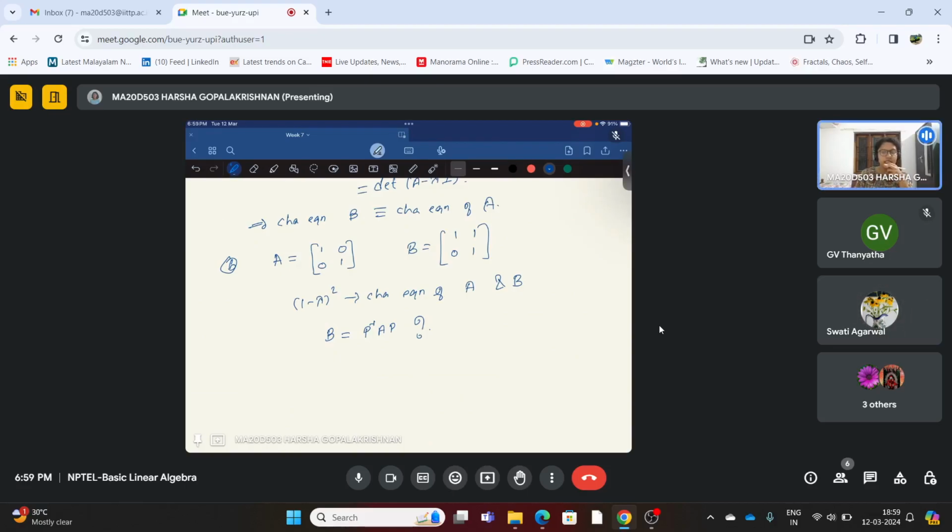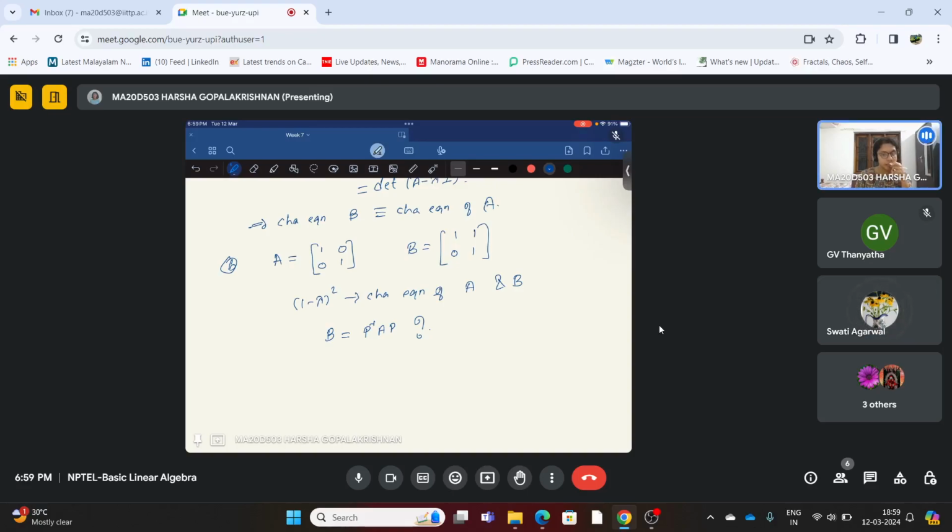It's very easy, because you know what A and B are now. A is an identity matrix.